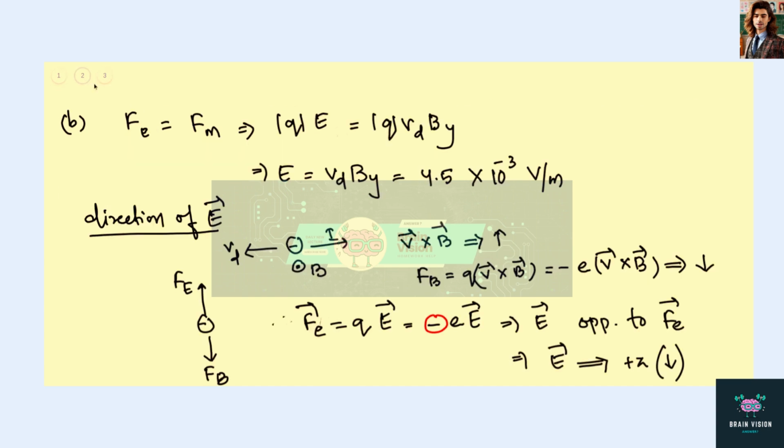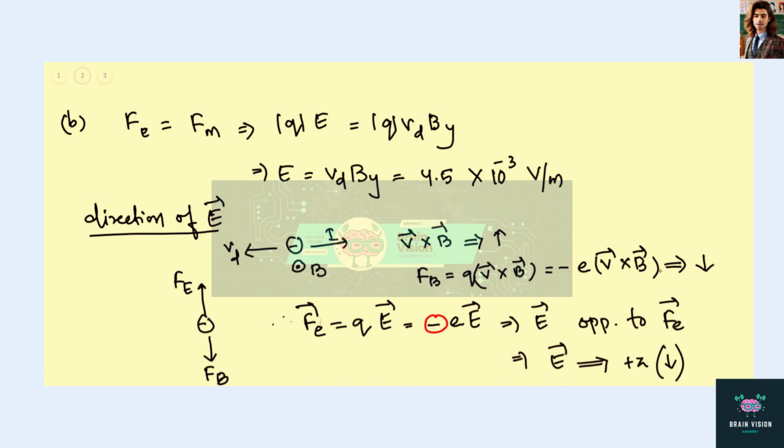So v cross B is along the negative z direction, and we have the magnetic force to be charge times this cross product, and since charge is negative for the electron, the magnetic force is in the positive z direction.